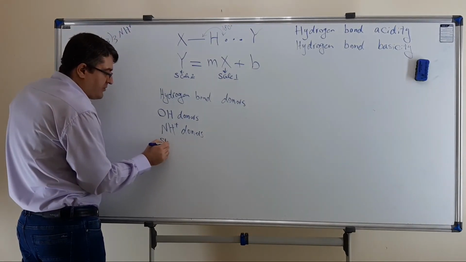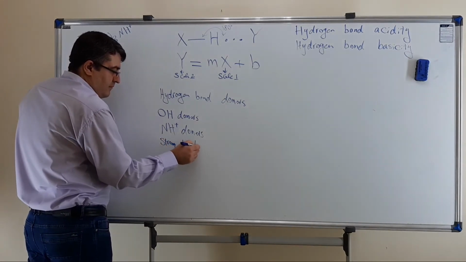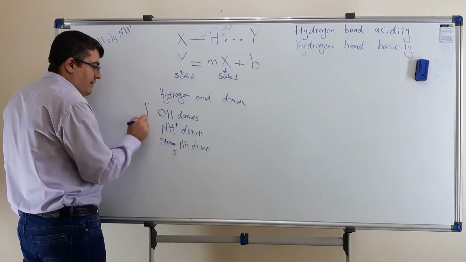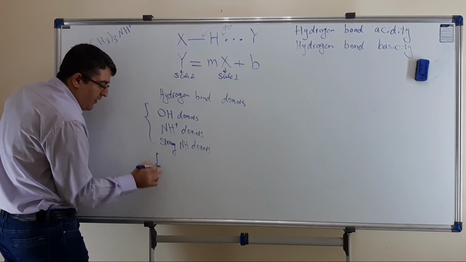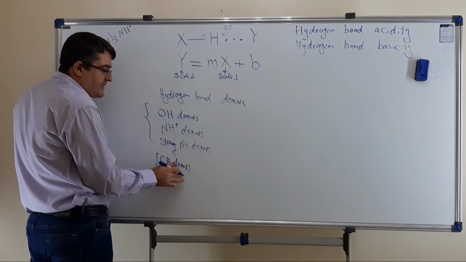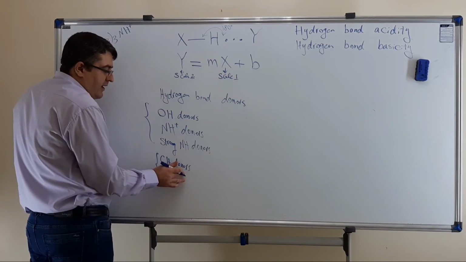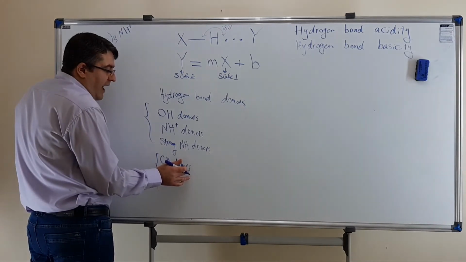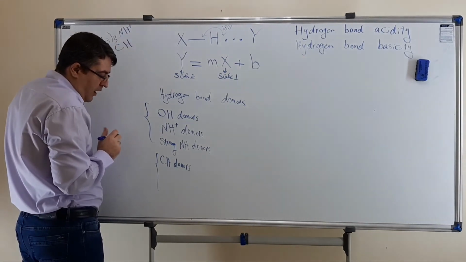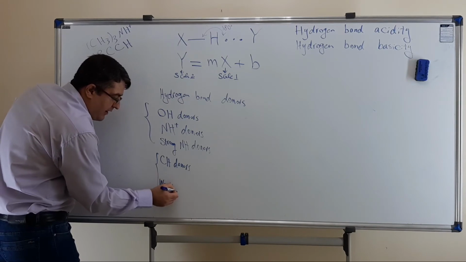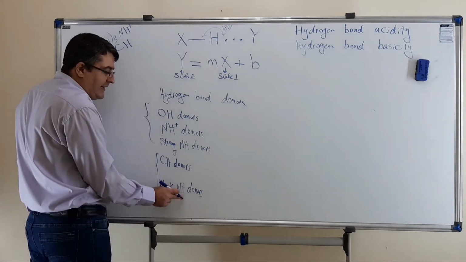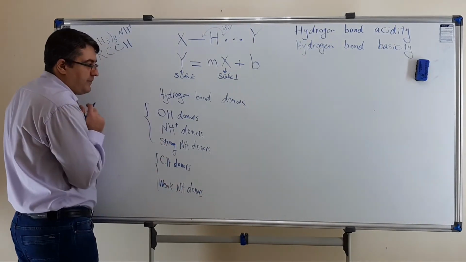Consider strong NH donors like amides, imides, and on the other hand consider CH donors like CHCl3, chloroform, like 1-alkynes, like these alkynes, also weak NH donors like amines, anilines, pyrroles, and so on.